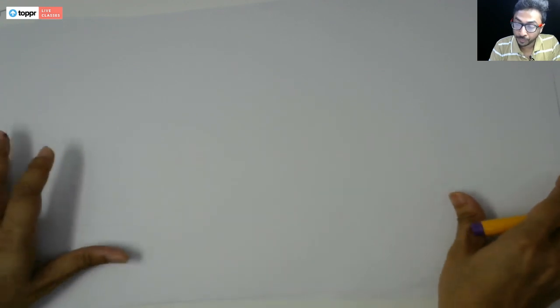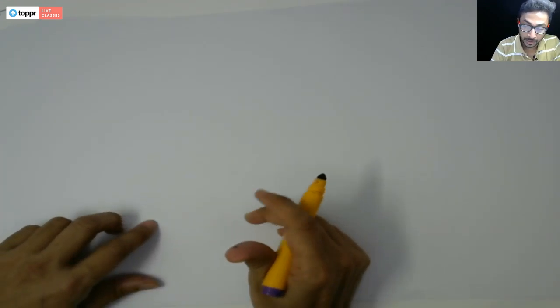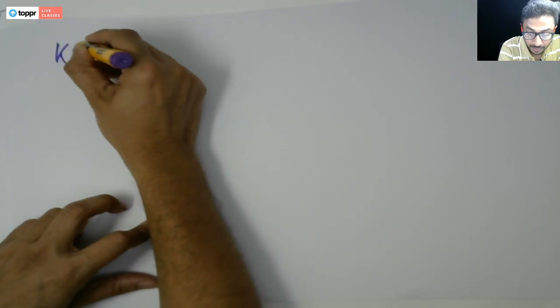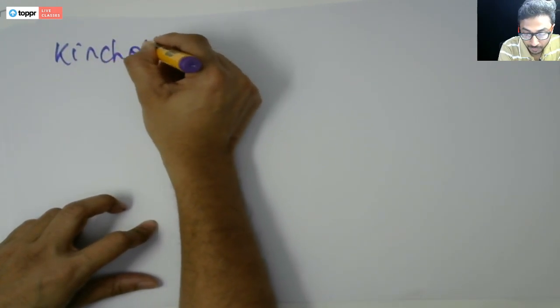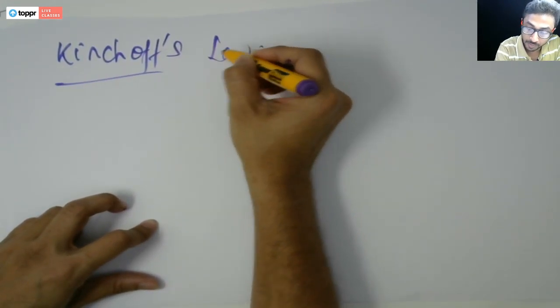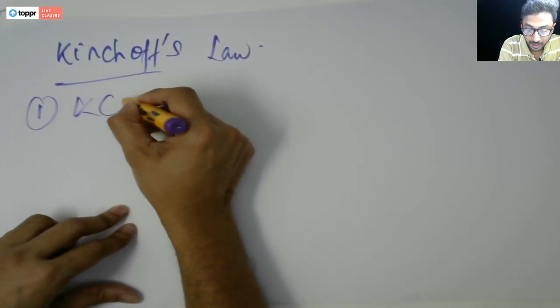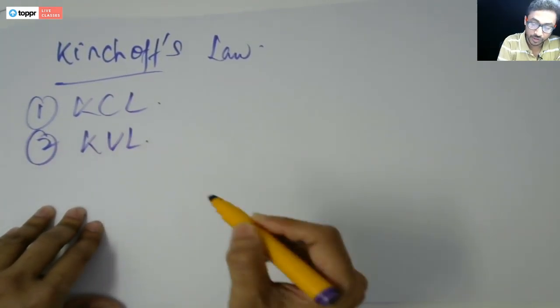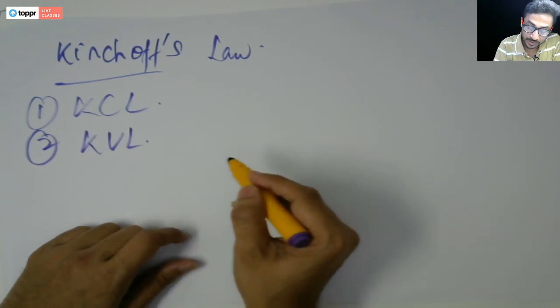We'll now come to a very important topic. There were two very important laws proposed by Kirchhoff, called Kirchhoff's Laws. One is called Kirchhoff's Current Law, and one is called Kirchhoff's Voltage Law. What is that?